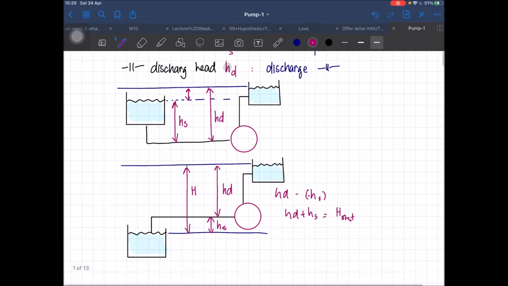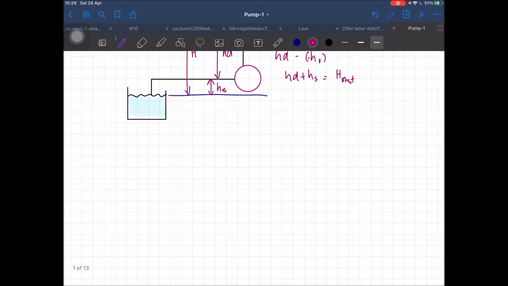We have three other ones. So now we have friction head loss, which is abbreviated to HF, and we have the minor head loss, which is abbreviated to HM.